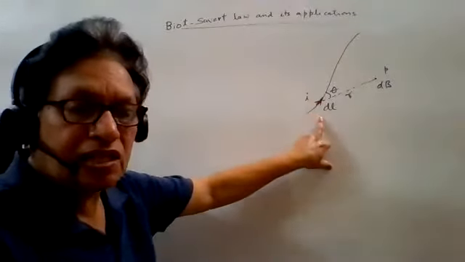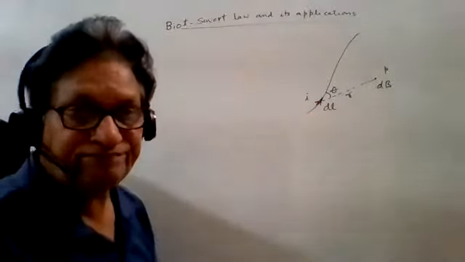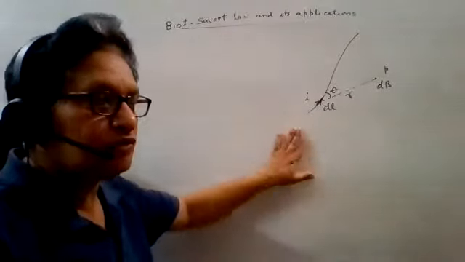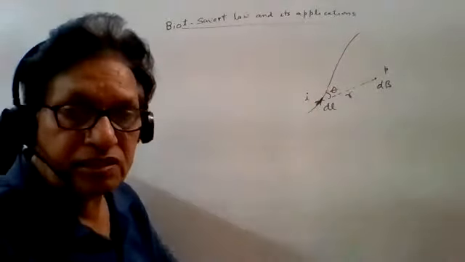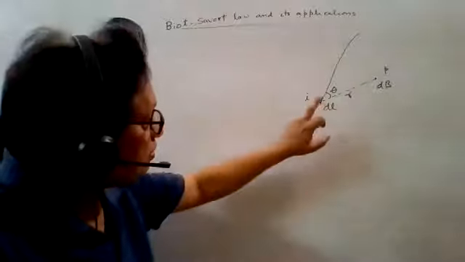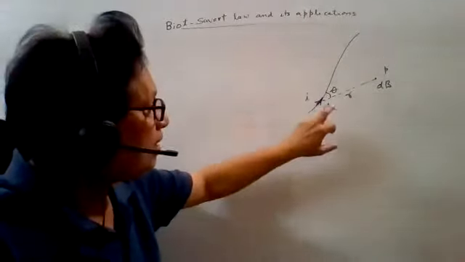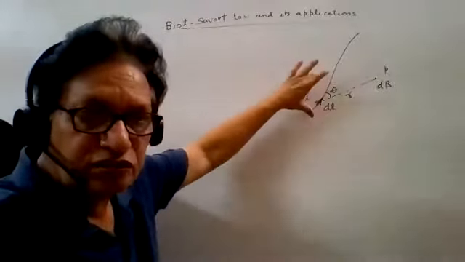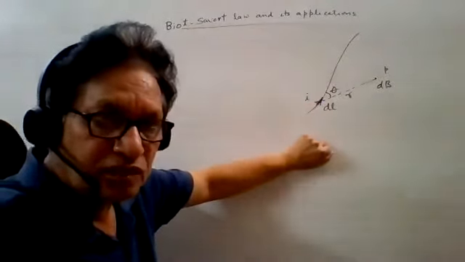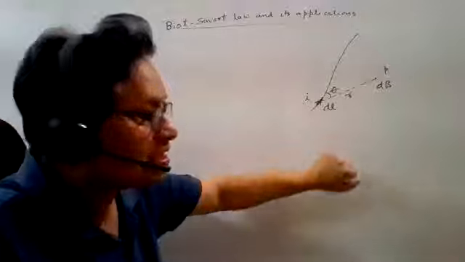This dB is directly proportional to current. If current is more and more, magnetic field is more. The magnetic field not only depends on current, but also depends on this length. If length is more, magnetic field is more. It depends on the angle theta also.